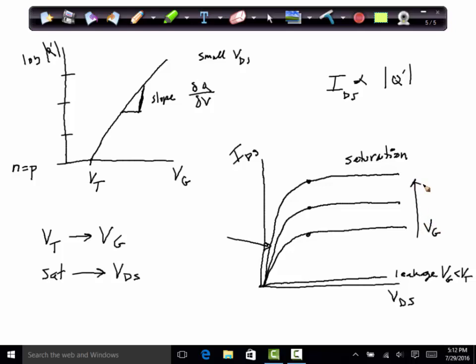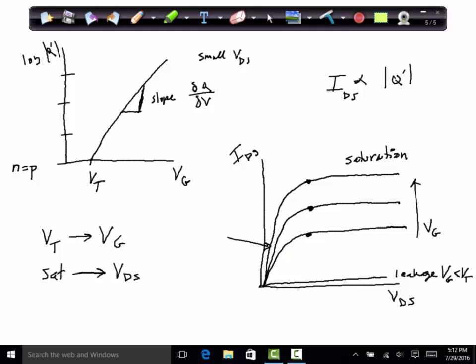And these curves I've drawn, we're increasing V gate going this way. So you'll notice two things. One, the saturation current is larger as V gate gets larger. So another way of saying that is the transconductance has gotten larger, and thus for a given drain source voltage you get more current. And then also the slope of the region before saturation also increases.